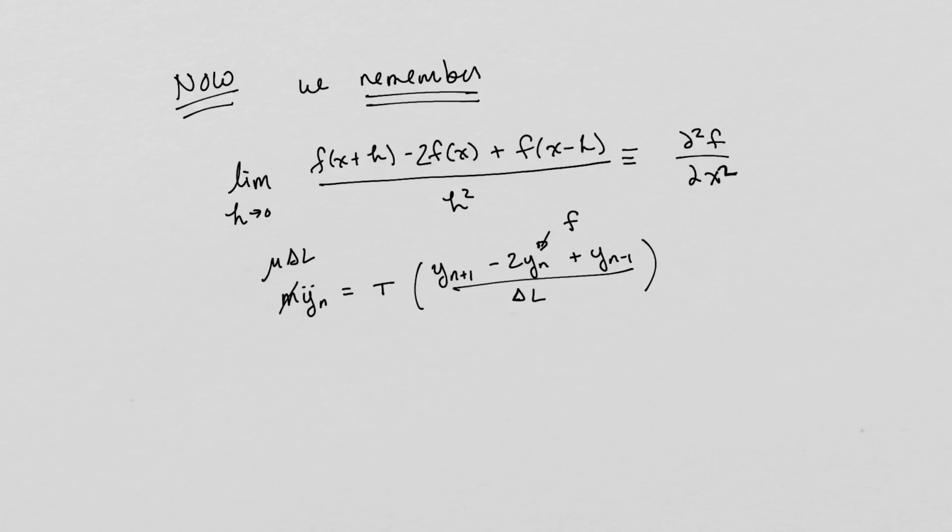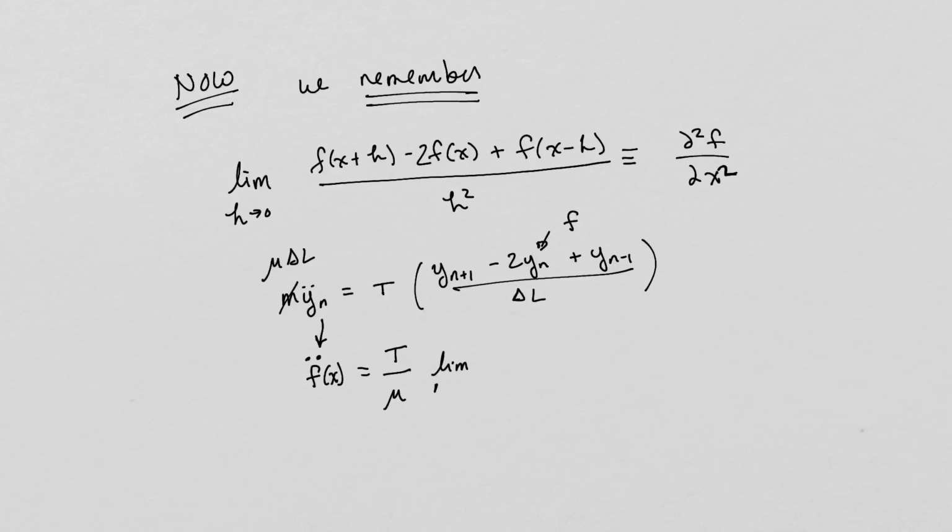Okay, and so let me do a little bit of rewriting. So I have now the second derivative of f of x, right? That's this thing. My delta L, I'm going to pull it to the other side. I'm also going to pull my mu to the other side, so I have a T over mu times the limit, right?